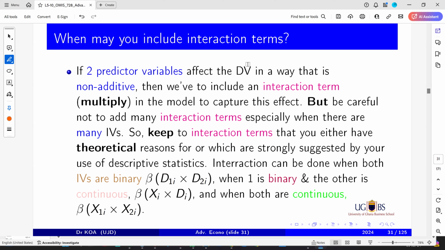So you have a dependent variable, let's say income, or let's say you are regressing experience on wage. You want to explain how experience translates into one's wage. And then you have this other variable, let's say age.